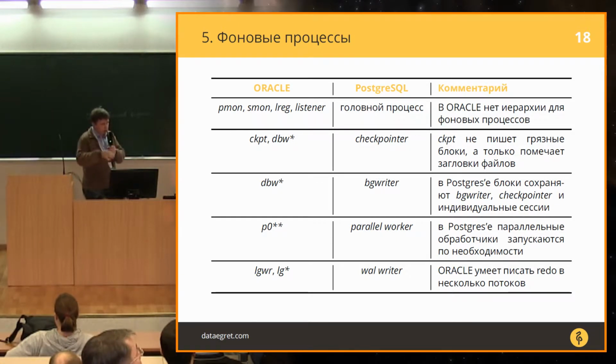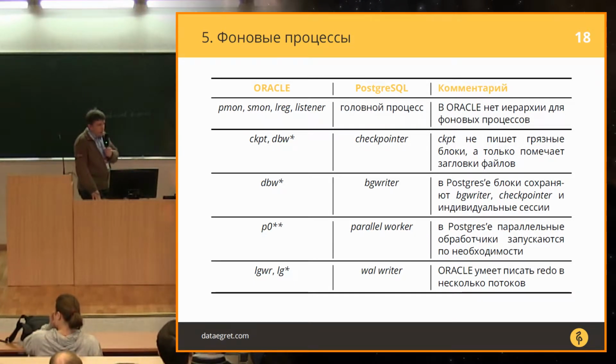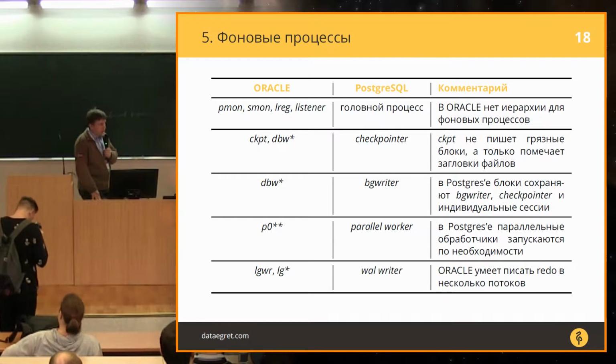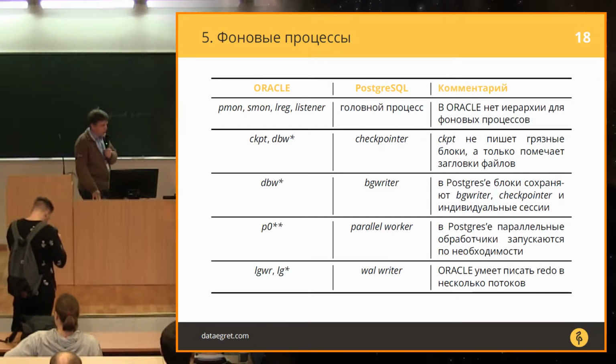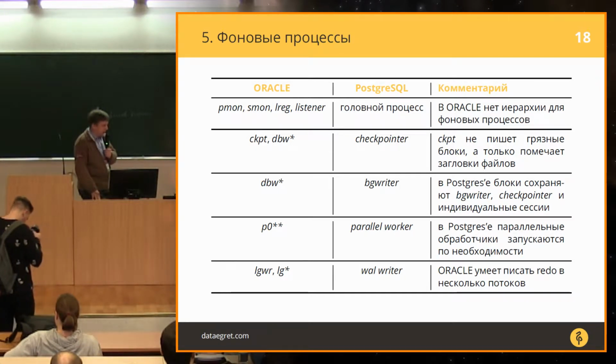This table gives a comparison of different functions in Oracle and Postgres. Important difference in Oracle: all blocks are written on the drive by the DB writer. And in Postgres, 3 processes are responsible for this function. And unfortunately, individual sessions can write blocks on the disks too.